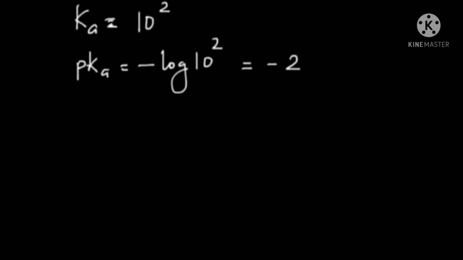Let's take another example. Ka equals to 2 into 10 to the power 3.